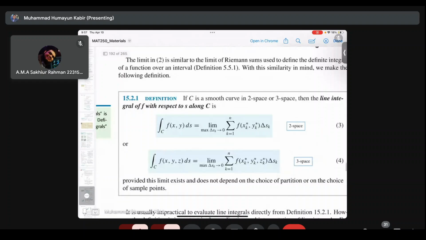Okay, can you see the screen? Yes, sir. Okay, so look here.